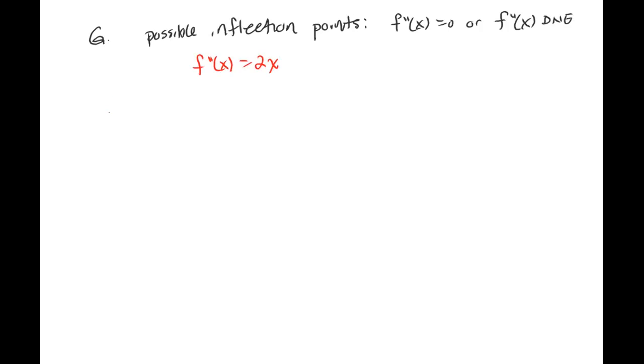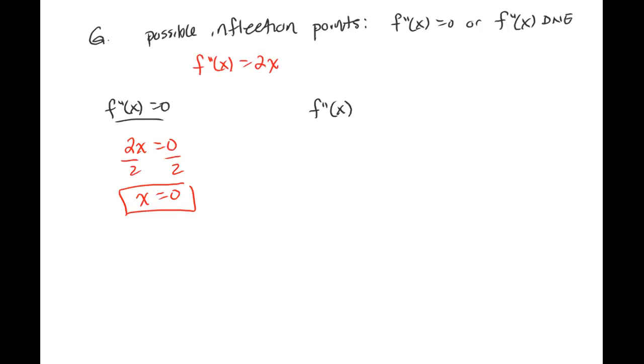The places where the second derivative is equal to 0. This is where 2x is equal to 0. If I divide both sides by 2, I get that x is equal to 0 is a possible inflection point. Second, places where that second derivative does not exist.